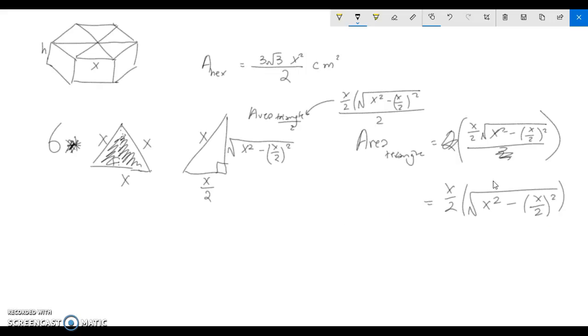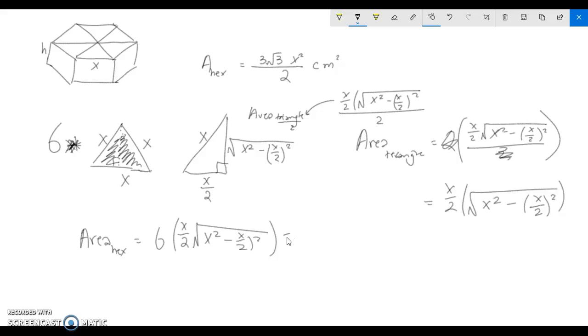Okay, now to find the area of the hexagon. The hexagon is made up of 6 of those triangles, right? So the area of the hexagon equals 6 times x over 2 times root of x squared minus x over 2 squared.